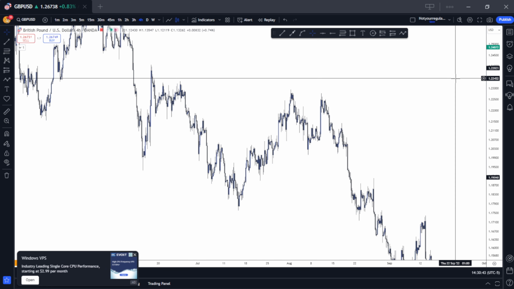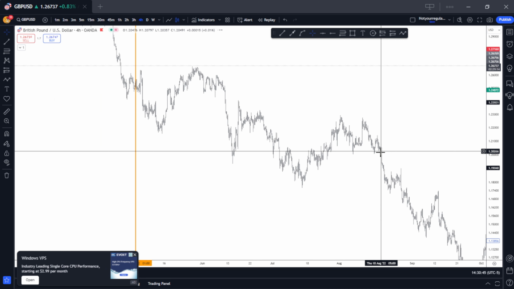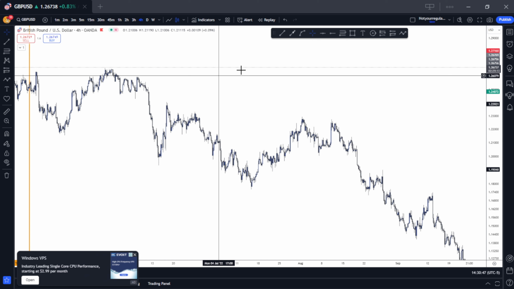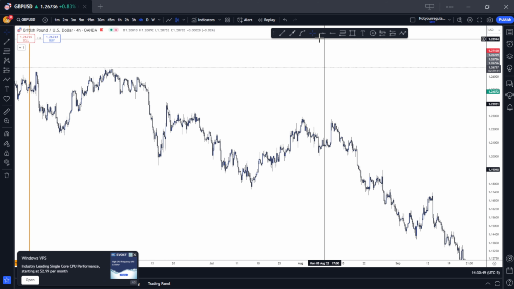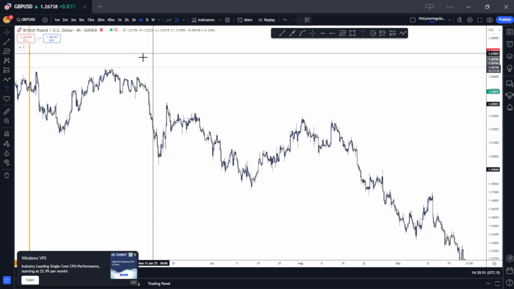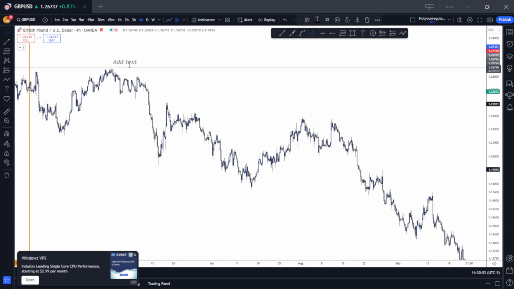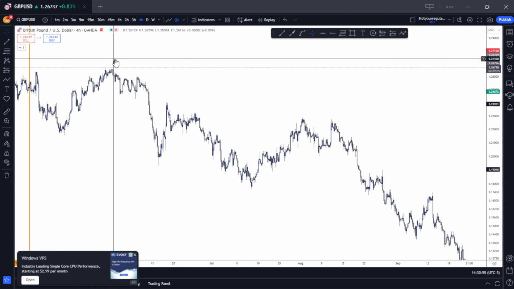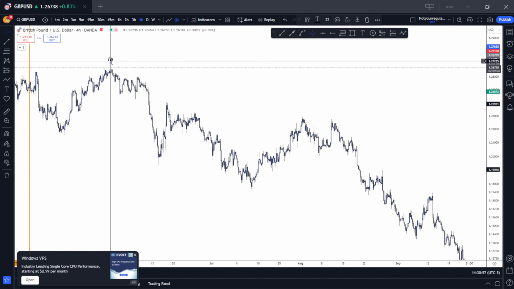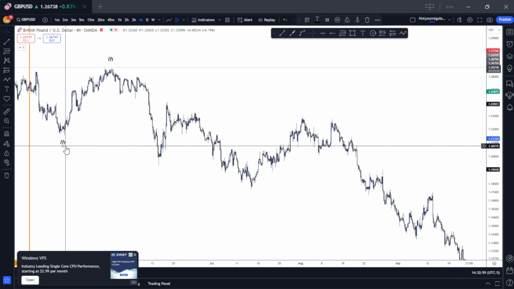Okay. As you can see here, the market is creating lower highs and lower lows.